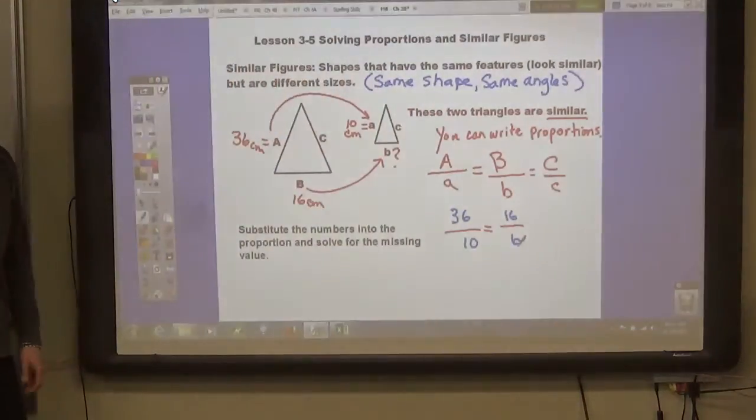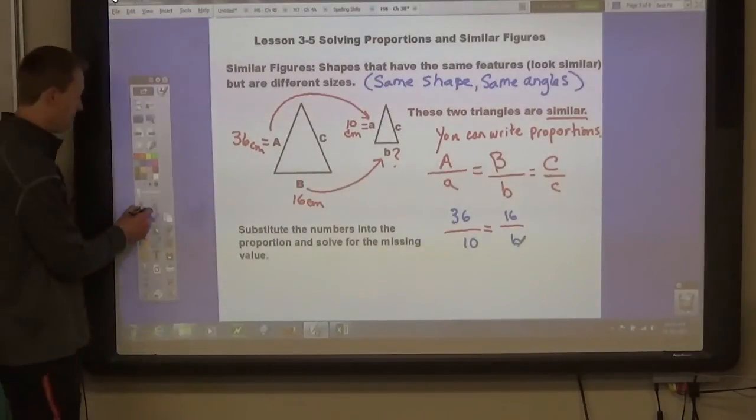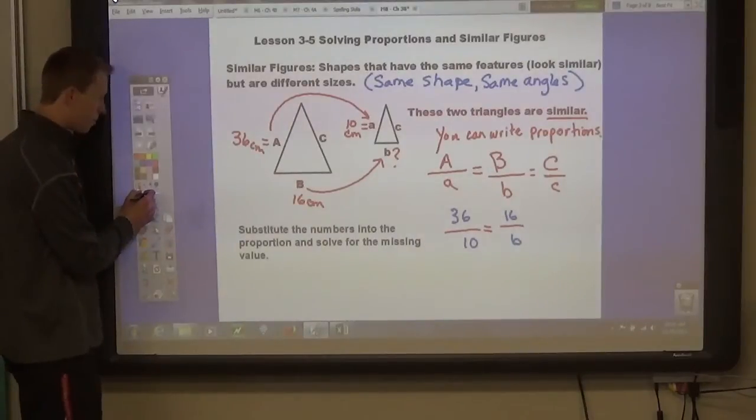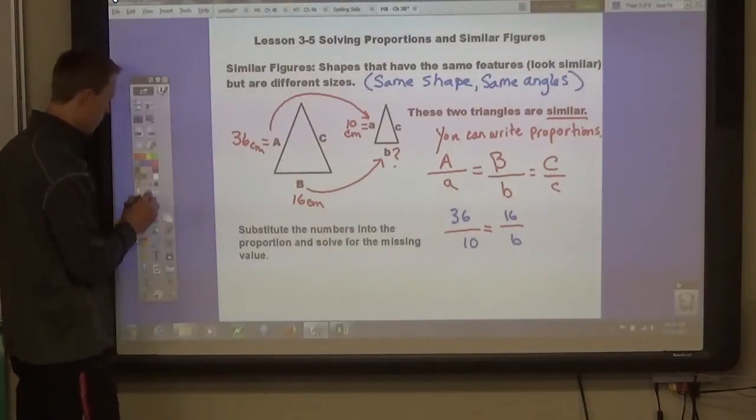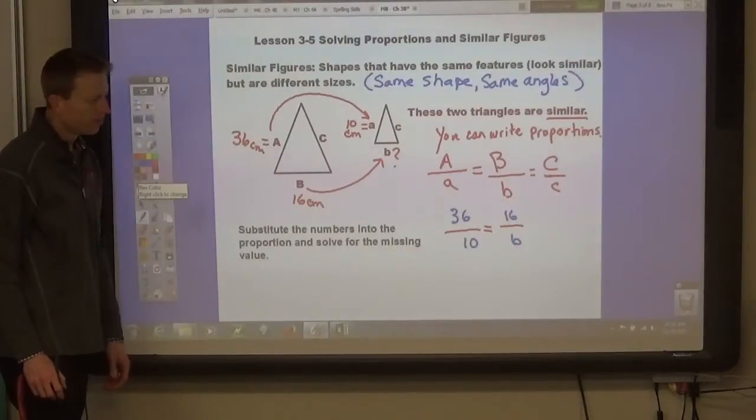Now, do you remember how to solve this? Cross multiply? Yep. Go ahead and do that. Guys, you have to do it in a notebook.